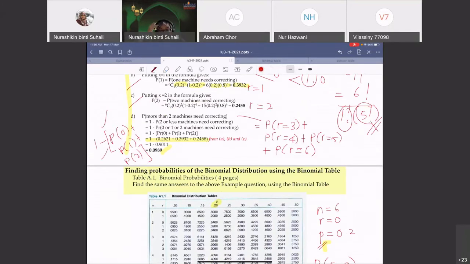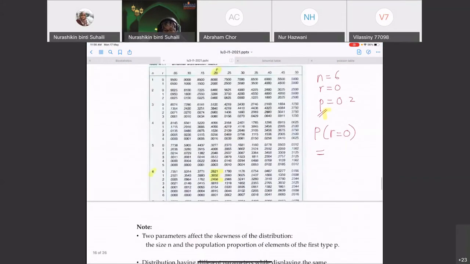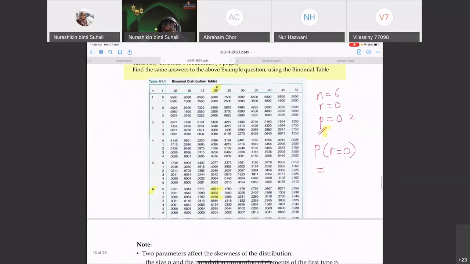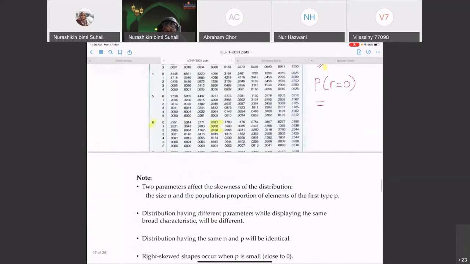You can get the values P0, P1, P2 from the table. Or if you want to solve using R equal to 3, 4, 5, 6, you can also get them from the table. This is the binomial table.